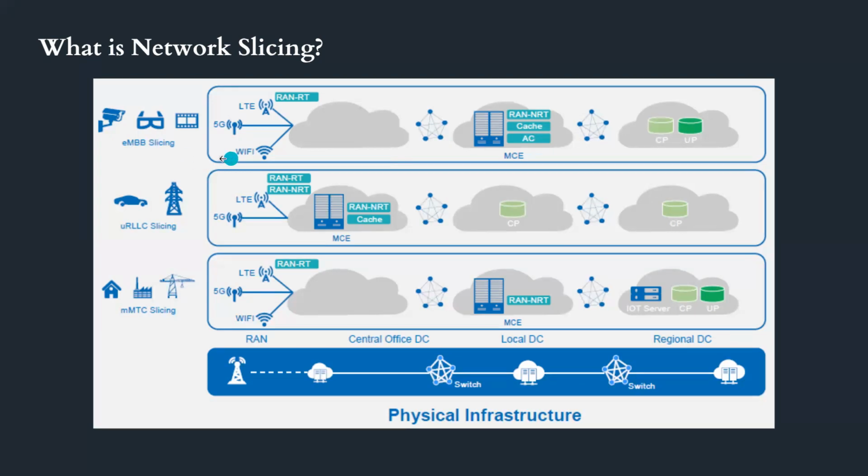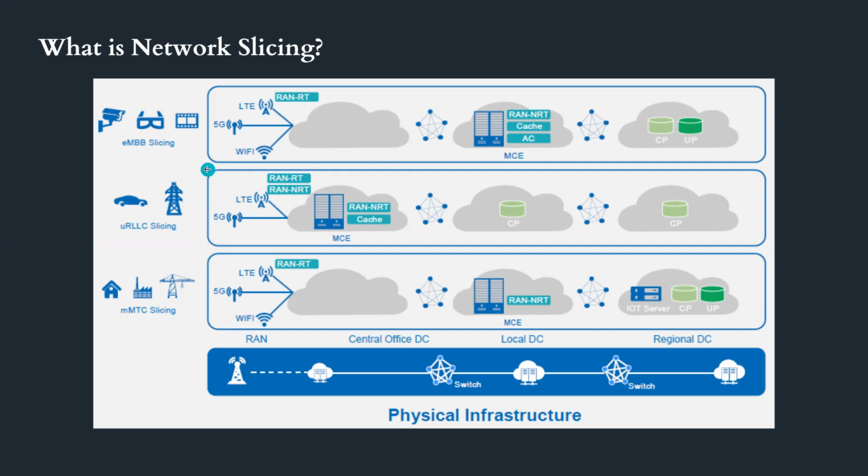The mobile operator will agree to provide certain required performances from the network. Depending on the type of the request, the SLA will vary. For eMBB there will be a certain SLA, for URLLC there will be another SLA, and for mMTC there will be a separate SLA.